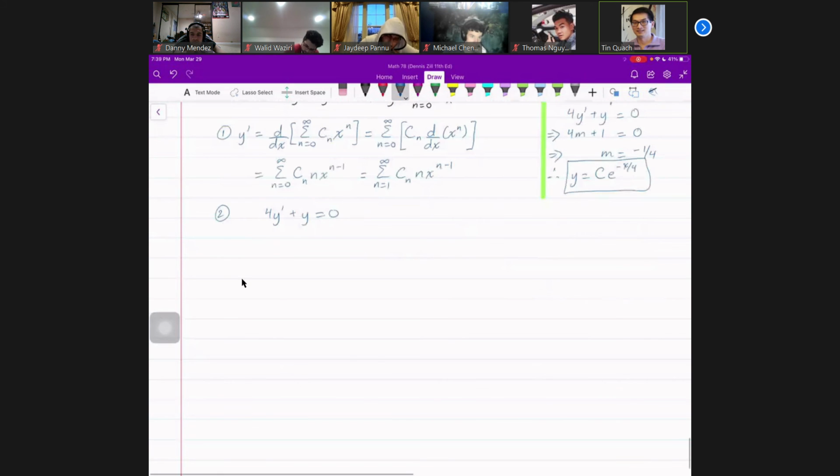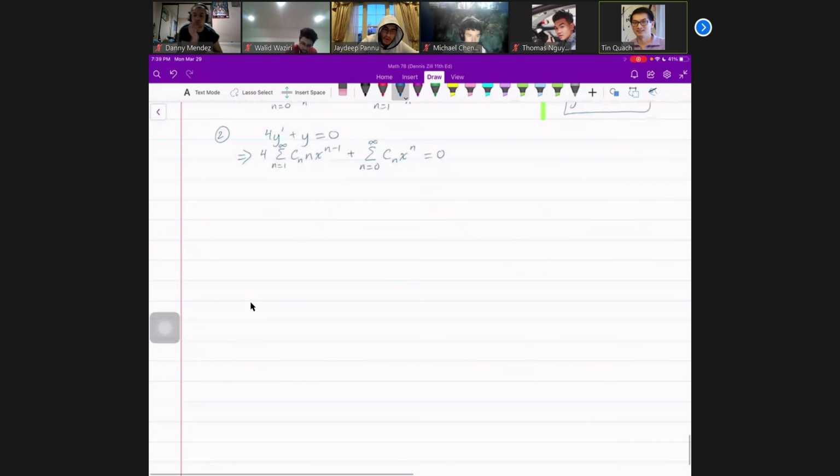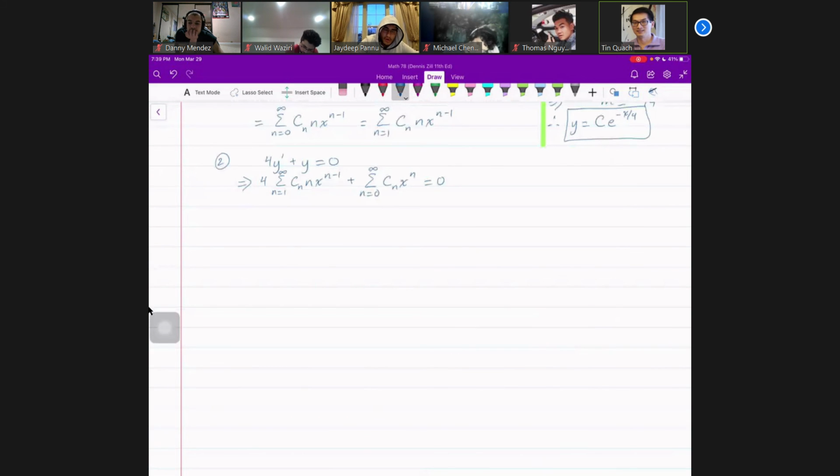So that means 4 times the sum from n equals 1 to infinity of c sub n times n x to the n minus 1, plus y, which is the sum of c sub n x to the n, from n equals 0, equals 0.